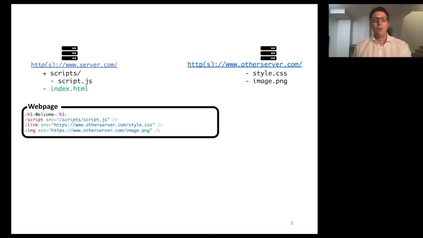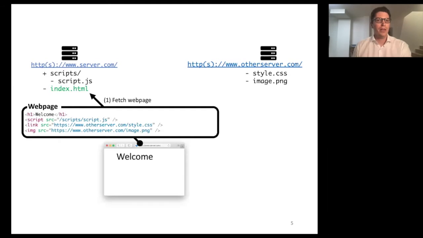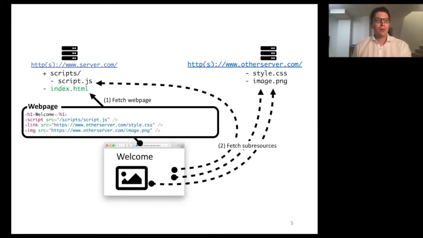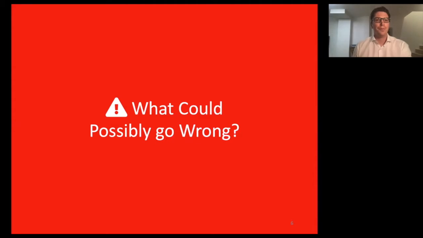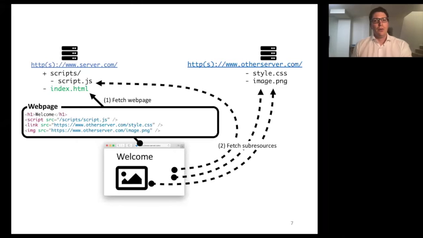So when a user visits this web page, the browser fetches this web page, and it also fetches the sub-resources on the same server, but also on the external server. So what could possibly go wrong? First, we may have an attacker on the first-party server, our server. In that case, there is not much we can do except maintaining it, keeping it up to date, and protecting it as much as we can.